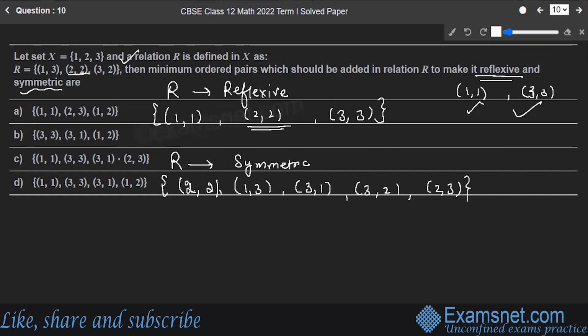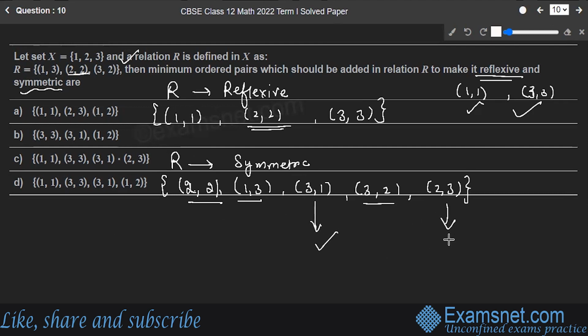Now, you already have (2, 2), (1, 3) and (3, 2). So these three you already have. So what you need to add is (3, 1) and (2, 3).